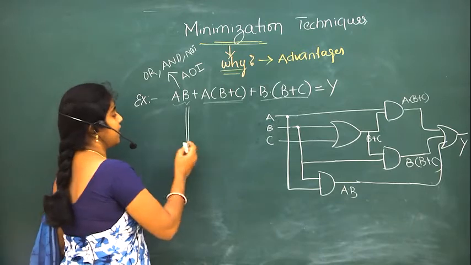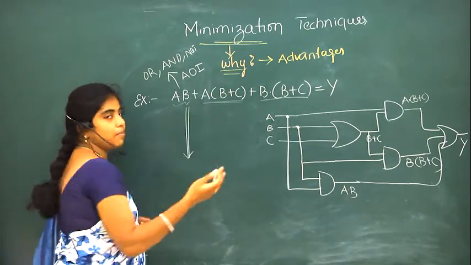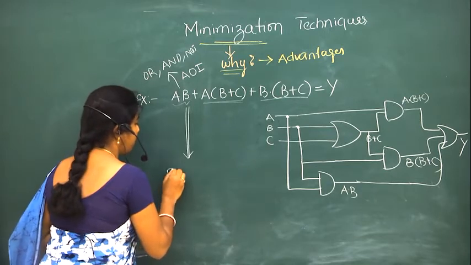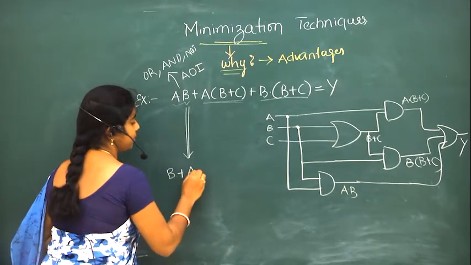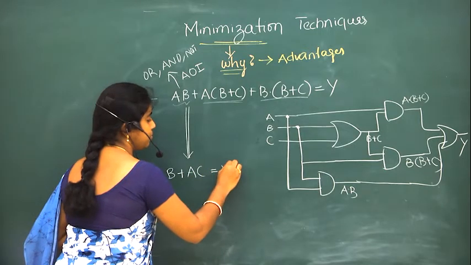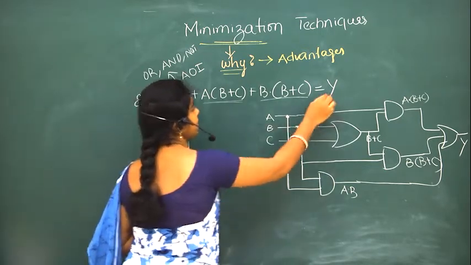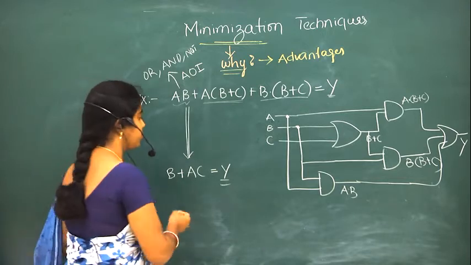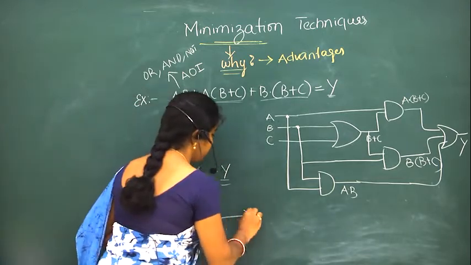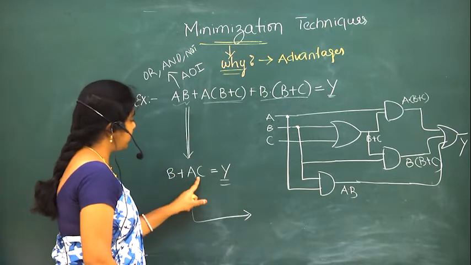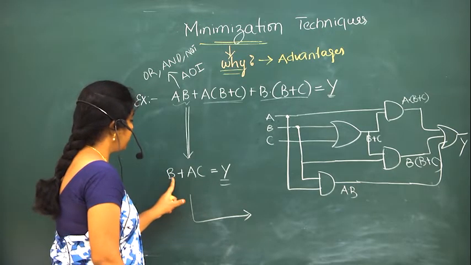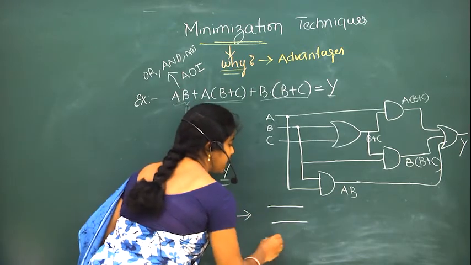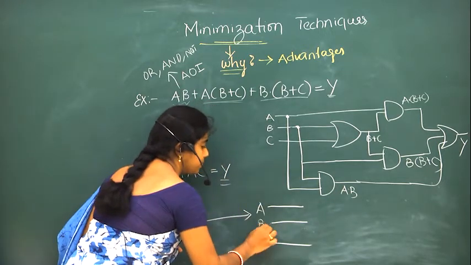Let's take, by using some minimization technique, I have minimized this expression to B plus AC. This gives the same output as Y. To implement this expression with logic gates, we are going to implement like this. Let's take ABC are inputs.